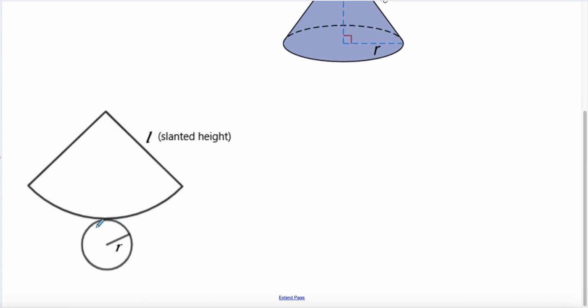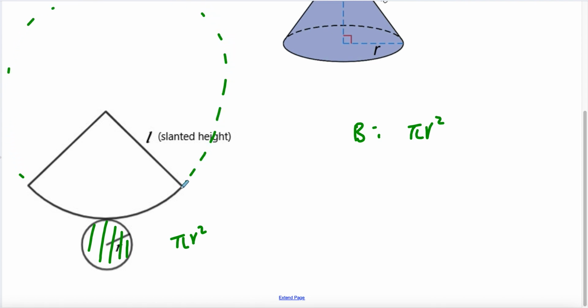Now we know how to find the area of the base. That's so simple. It's pi r squared. Okay, so the base is pi r squared. How about the lateral surface? That looks like a sector of a bigger circle, isn't it? So we need to think about how you're going to find that.